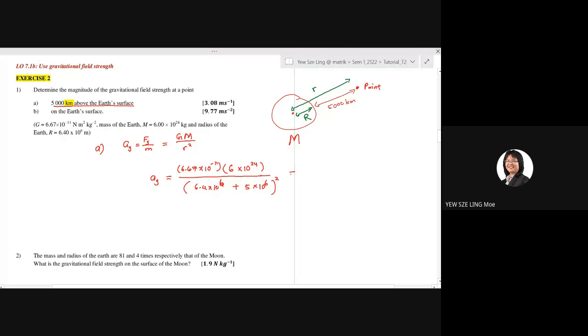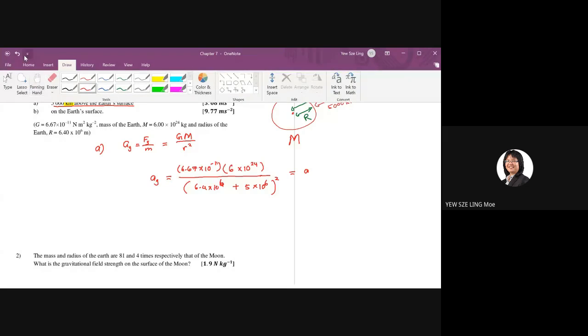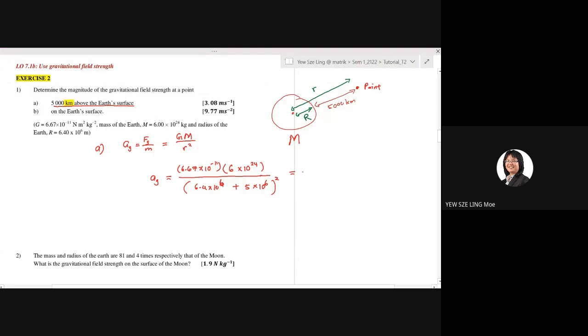Press the calculator and you will obtain 3.08 m s^-2. So this is for question A.